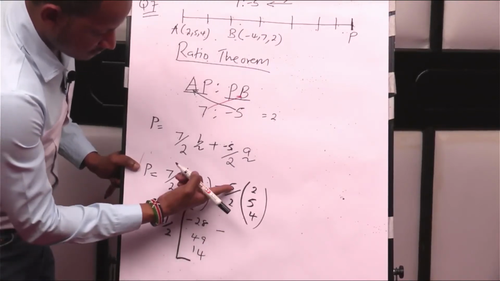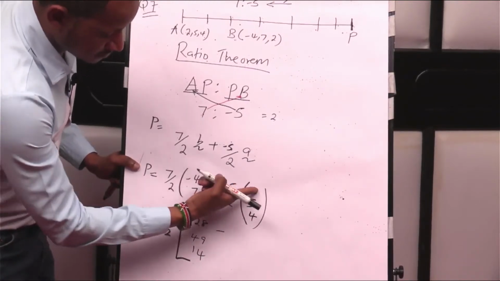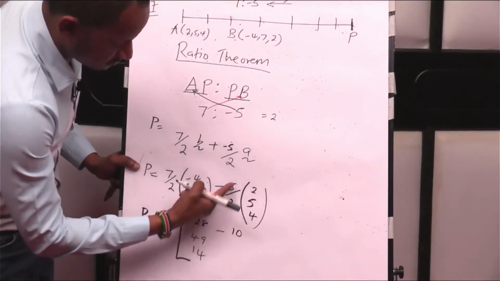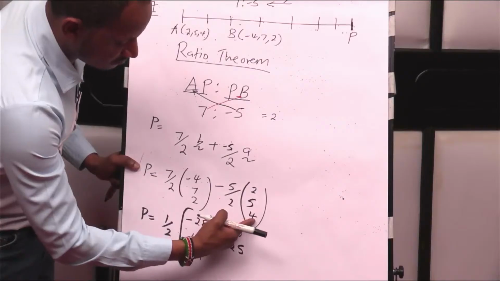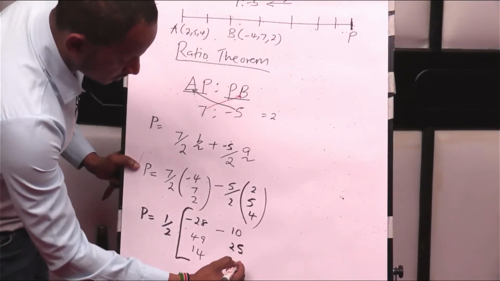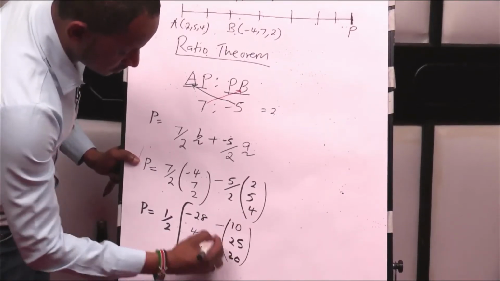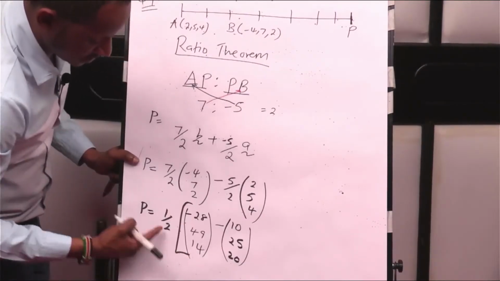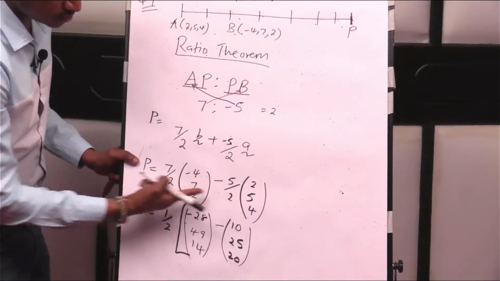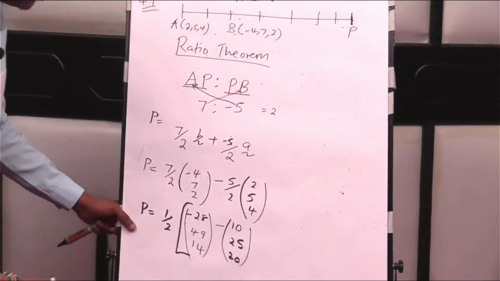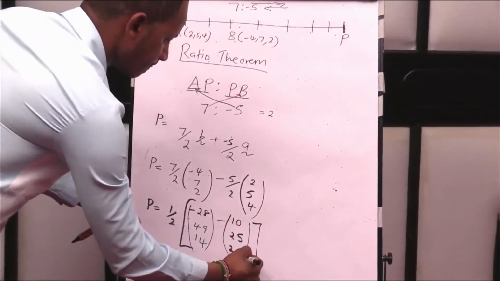Minus 5 times 2 is 10. 5 times 5 is 25. And 5 times 4 is 20. Remember, class, we've factored out a half, because it is common on both sides. So we'll use it later just to ease our work.